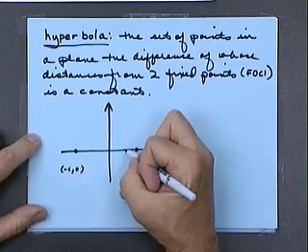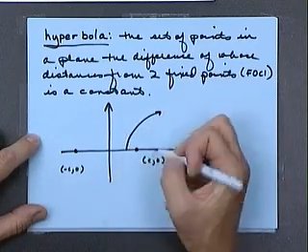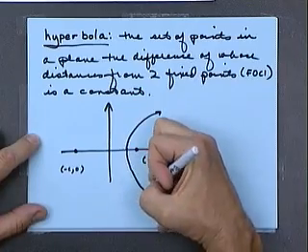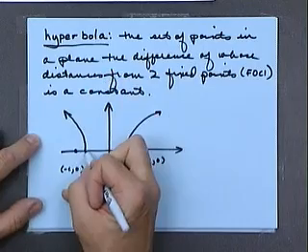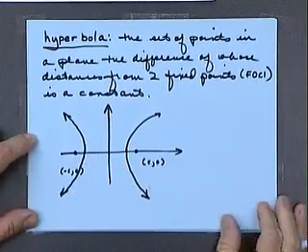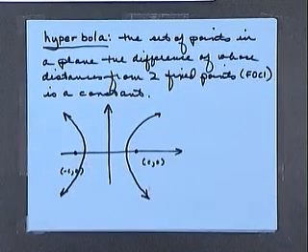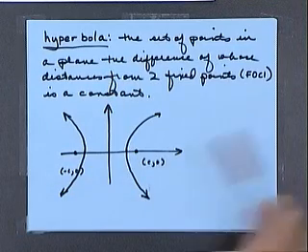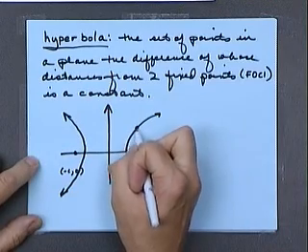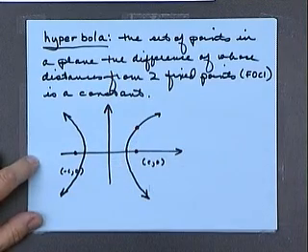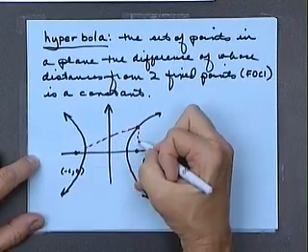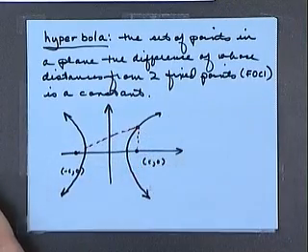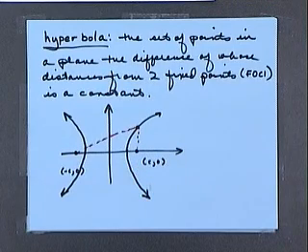That set of points, and again, this is a rough sketch, ends up being positioned somehow in this fashion in the plane. So in order for this point right here to be a point on the hyperbola, this distance minus this distance is fixed for that particular hyperbola.